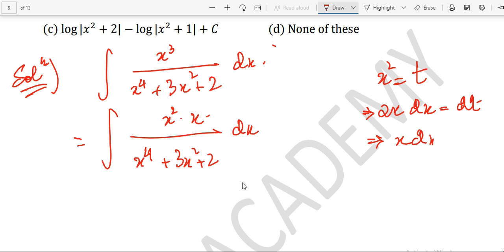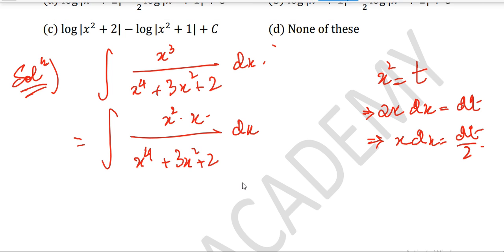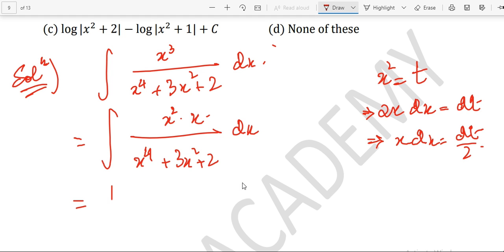So x dx is dt upon 2. Ultimately we have half integration. Now x square is t, and x dx is dt upon 2, so half we have already taken out. So we have t dt. Now x square was t, so x to the power 4 was t square. This will be t divided by t square plus 3t plus 2 dt.